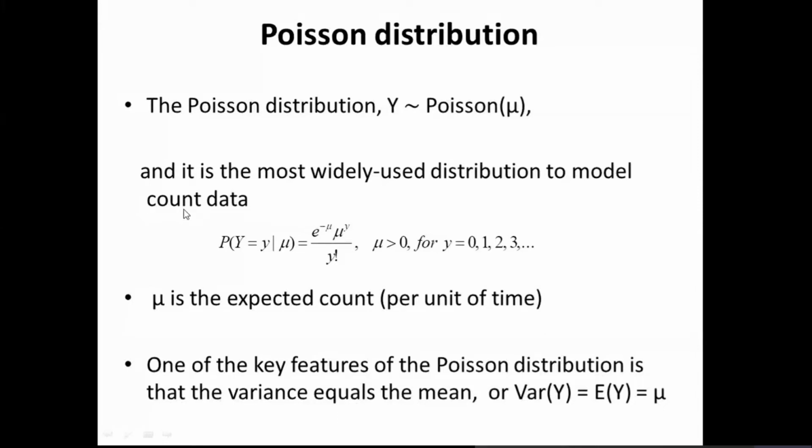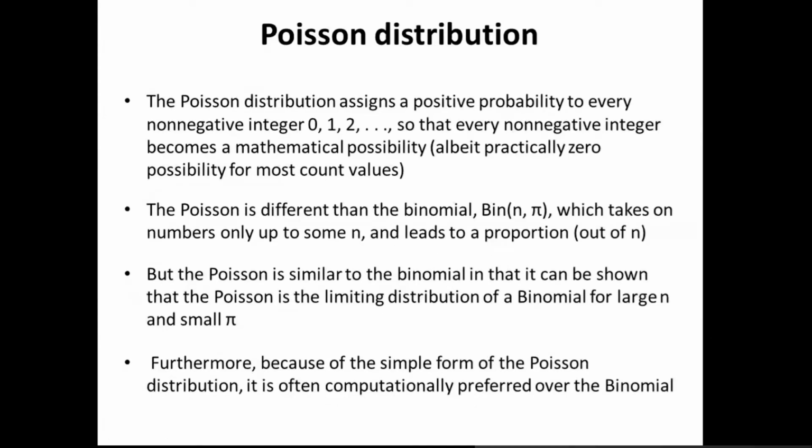You can calculate the probability in that way. This is if you have count data with a certain expected number of outcomes per unit of time. And the Poisson distribution assigns a positive probability to every non-negative integer, 0, 1, 2, etc., so that every non-negative integer becomes a mathematical possibility.